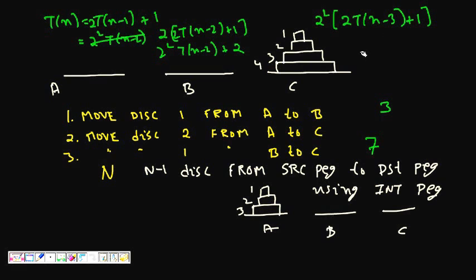Okay, so if you keep on doing like this, it will be 2 to the power of n minus 1. So T(n) is 2 to the power of n minus 1 if you solve this recurrence relation.